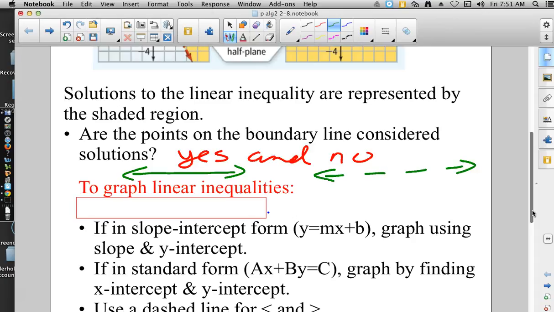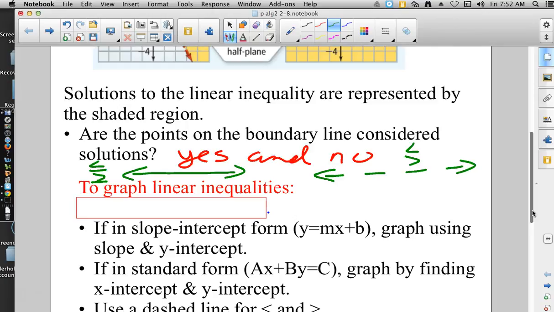Dashed, nope, those don't work. And the difference between the two is as basic as an equals sign. We will see equals, so this will be either less than or equal to or greater than or equal to for those solid lines. And this will be just less than and greater than when we're dealing with that boundary line piece, which is the dashed line.